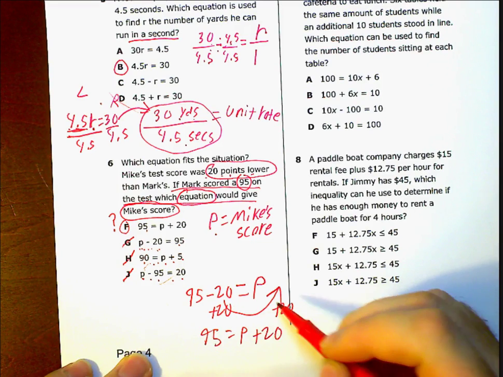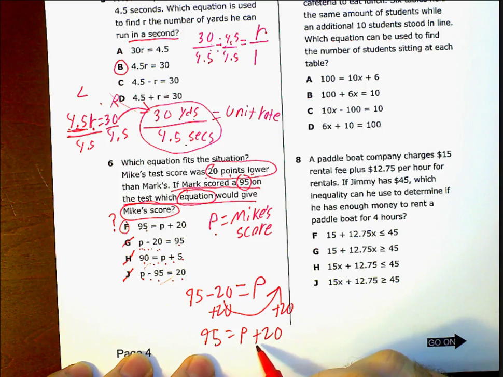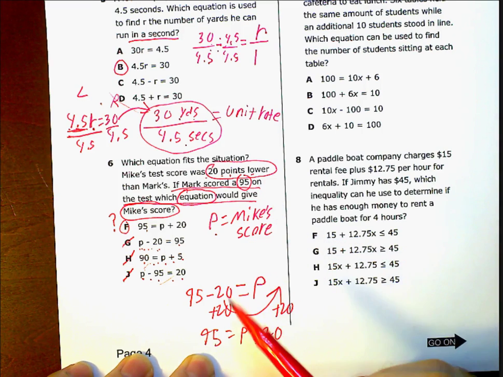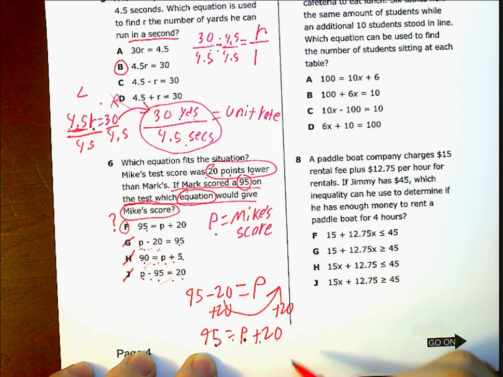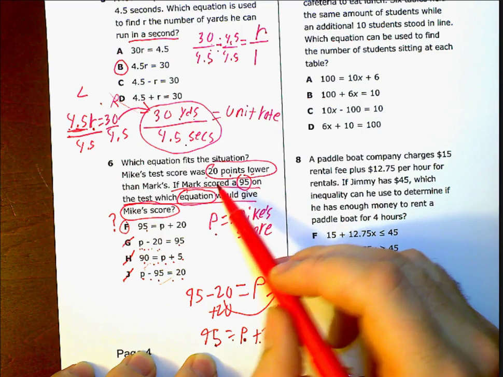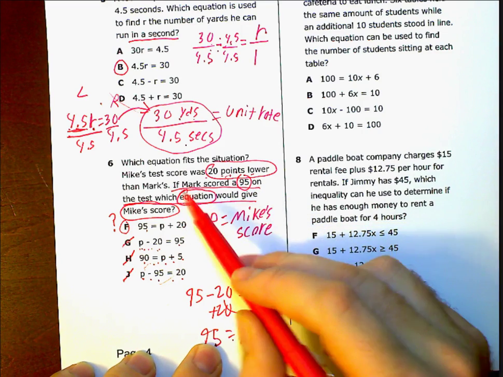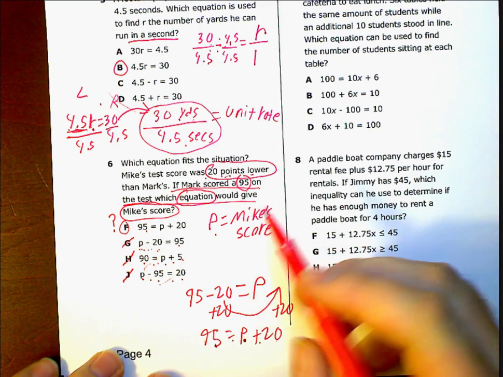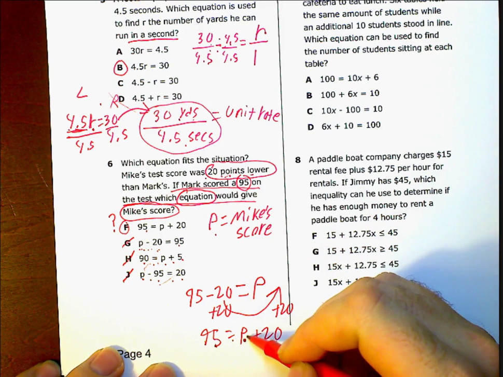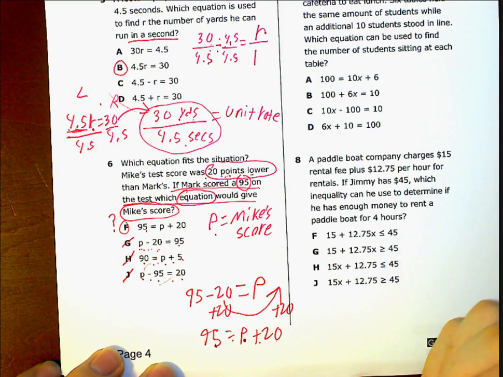So mathematically that's what they did, but let's think about it logically in terms of the word problem. What it's saying is Mark's score equals Mike's score plus 20 points. Well, that's the same thing as saying Mike's score was 20 points lower than Mark's. So they just kind of flipped it, but you'll still get the same thing. Either way you write it, you will find P equals 75.